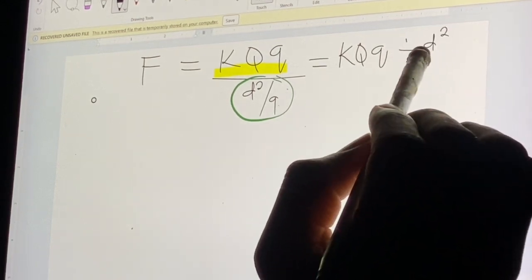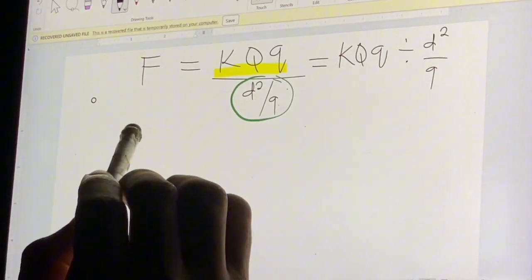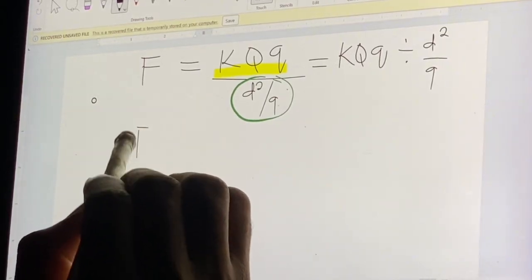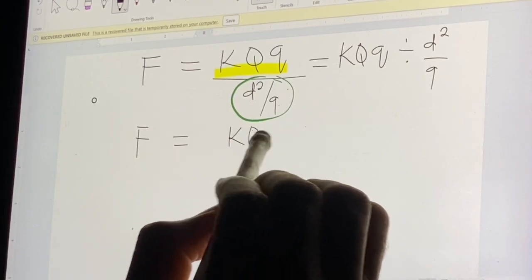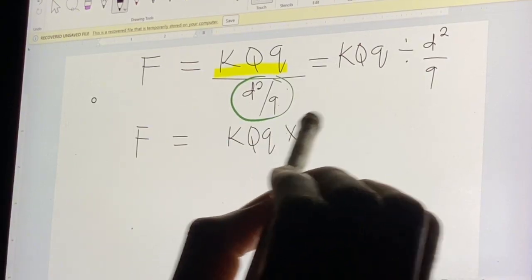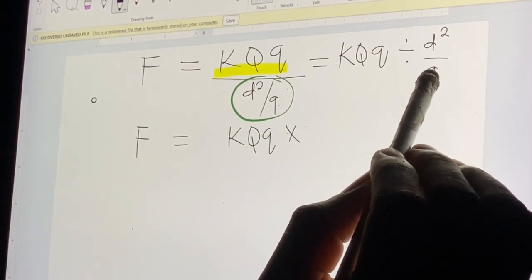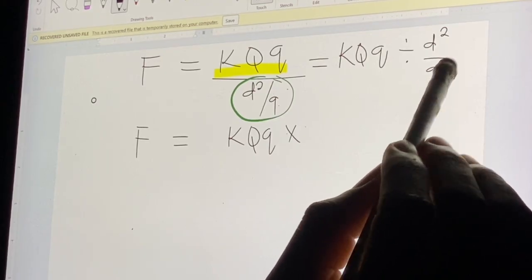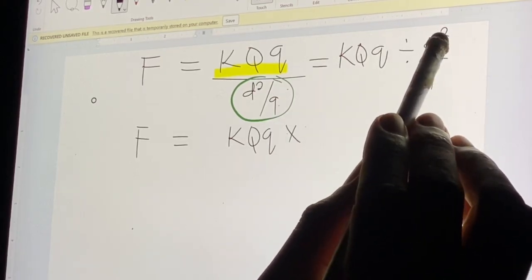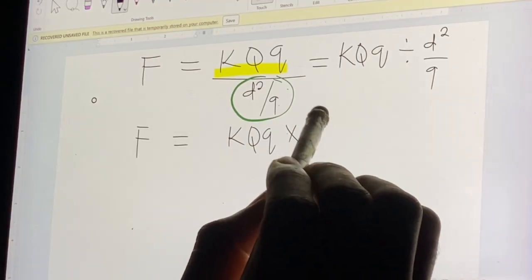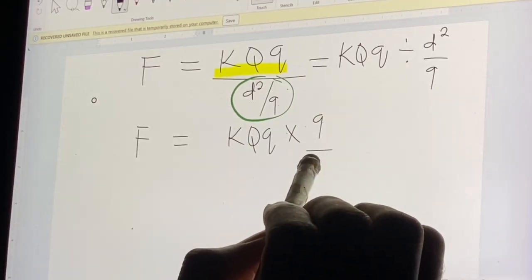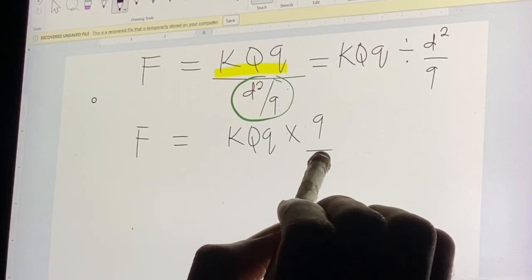d square over 9. When you apply the rule here, our F will be equal to plus K Q small letter q times, when you multiply, the denominator by your right will move to the numerator, and the numerator by your right will move to the denominator. So this will be 9 over d square.